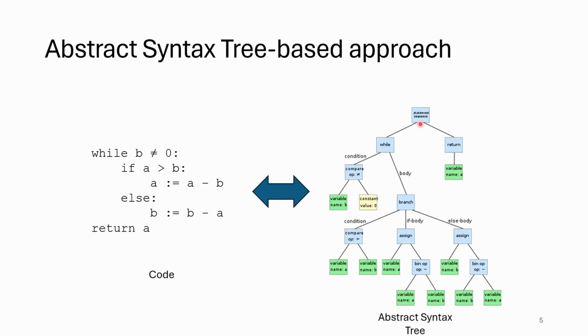And on the right side, you can see the abstract syntax tree. We have a root node, statement sequence, which has, in this section of code, two statements, a while and a return. That while has a condition, b different from 0, and the while has a body, which contains an if-then-else branch, and things just go straightforward from this.